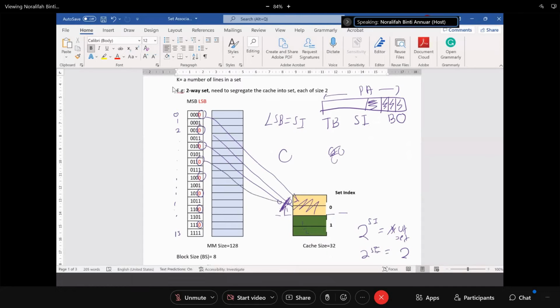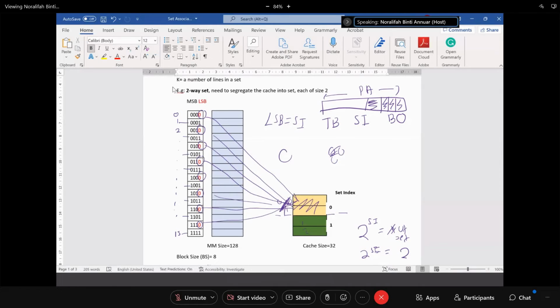Okay. Kalau 1 macam mana? Dekat line mana, mana-mana.